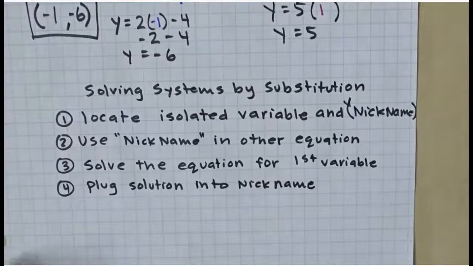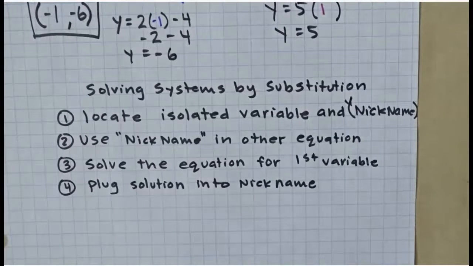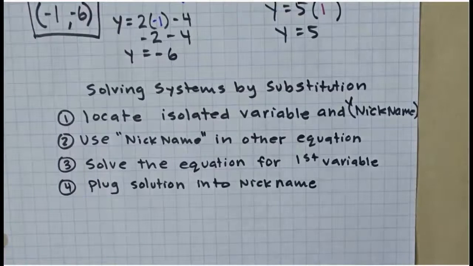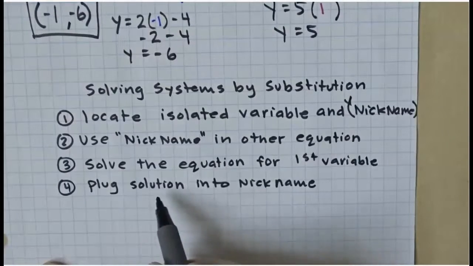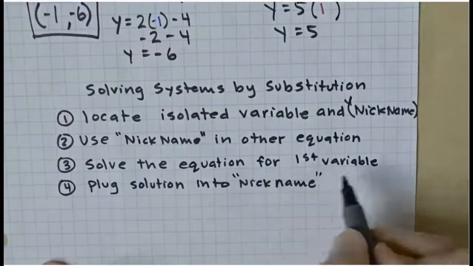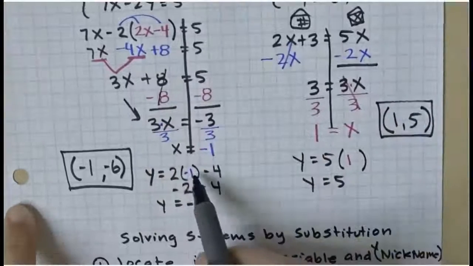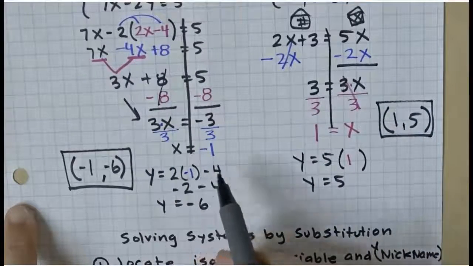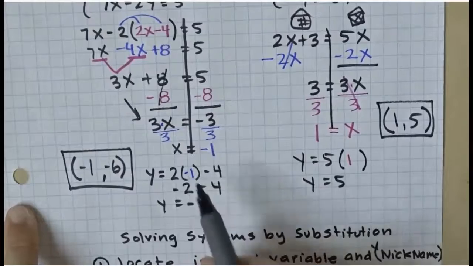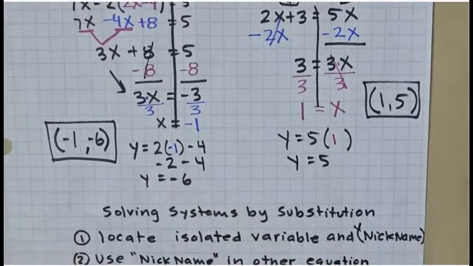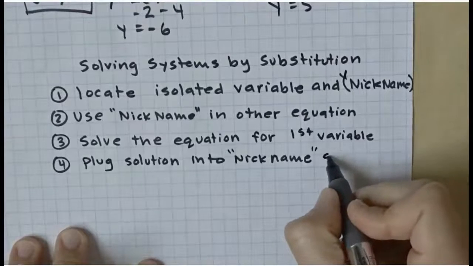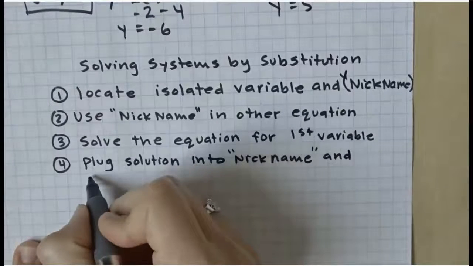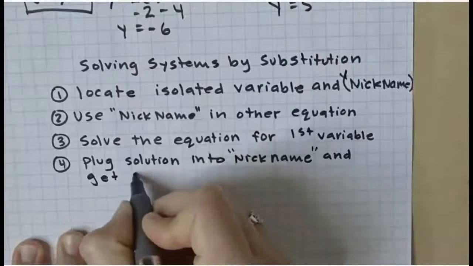Now, just remember, these are the steps for my particular technique. These aren't necessarily what you're going to see in a textbook. It'll just say substitution, this and that, but the nickname is the same idea. So once you plugged your solution into the nickname, and that piece was when we took our solution and plugged it back into our nickname, you got your second variable, and you were done. Plug solution into nickname, and get second variable.